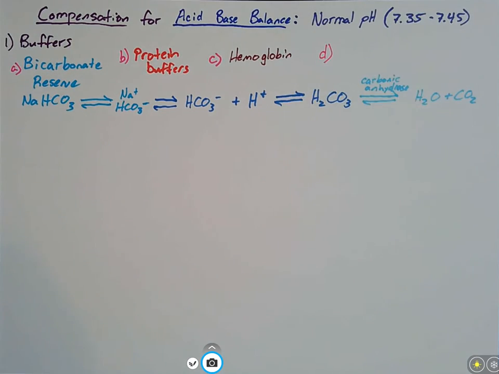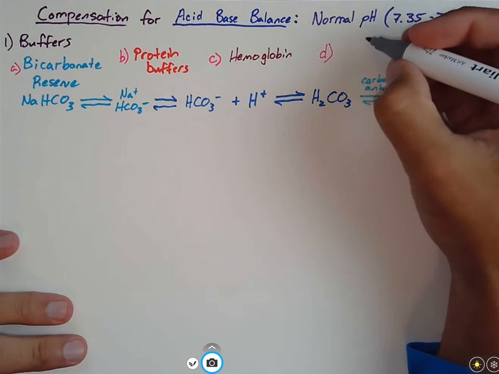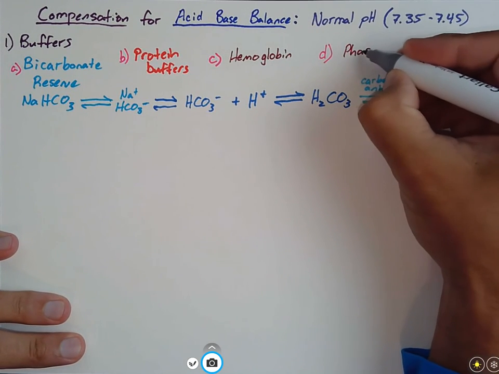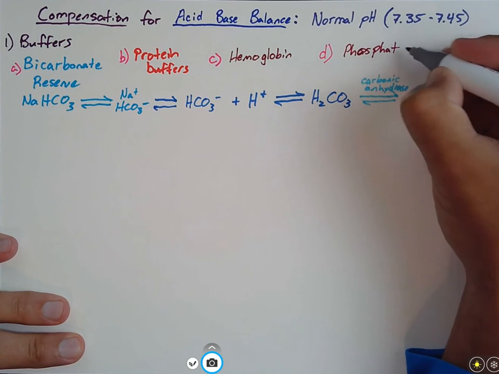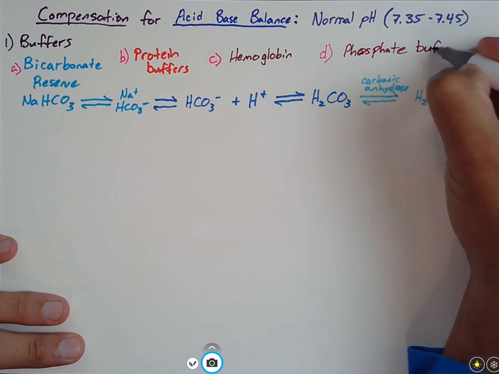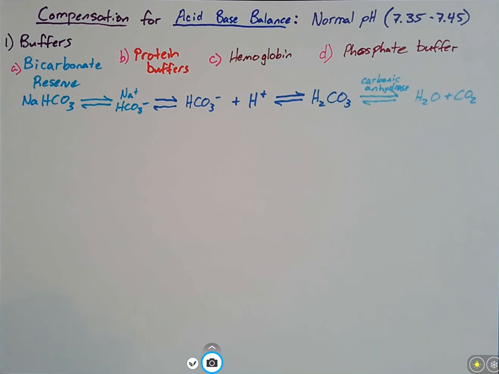The last one is found in the kidneys. It's a phosphate buffer group. So there's a phosphate buffer system as well, where the kidneys are producing monosodium phosphate or disodium phosphate, and monosodium phosphate is going to bind with bases, so it is in essence an acid, and disodium phosphate is going to bind with acids, so it's in essence a base, right?